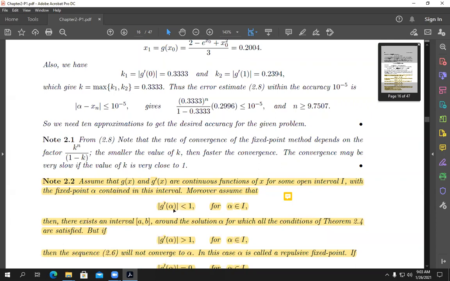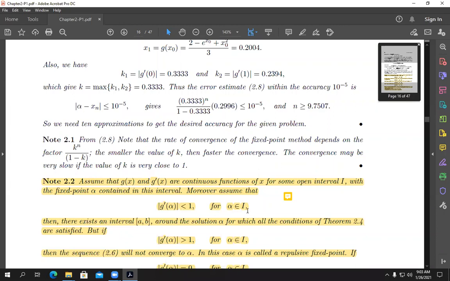Now this is a condition. Please remember throughout the chapter, if the absolute value of g dash alpha is less than 1, for every point inside the interval, then it is a 100% guarantee your method will converge.